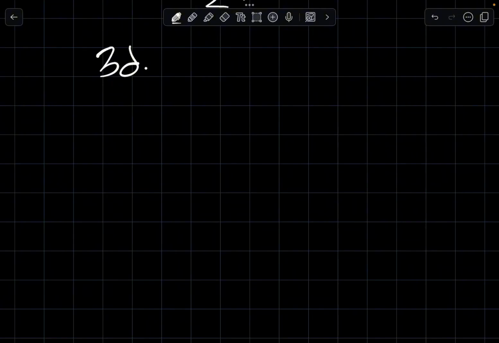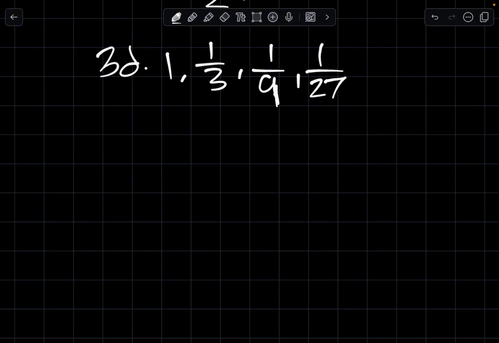Okay, 3d. We have 1, 1/3, 1/9, and 1/27. All right, recognize that this sequence is decreasing. So we're going to have our 1 on top here, and that's not going to change whatsoever. And this is being divided by, at first, 1.